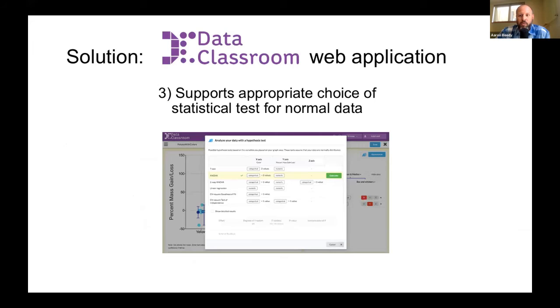And then also once students get the basic handle on applying statistics, it supports the appropriate choice of statistical tests for normal data. At this point in time, it's only a fit for working with normally distributed data, but we hope to someday in the very near future have the non-parametric equivalents for many of the hypothesis tests in there.